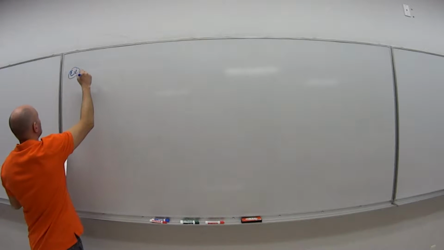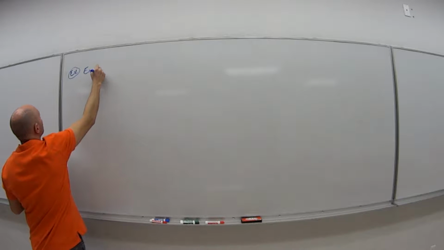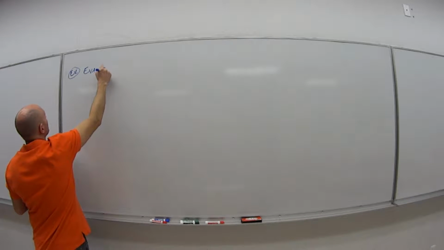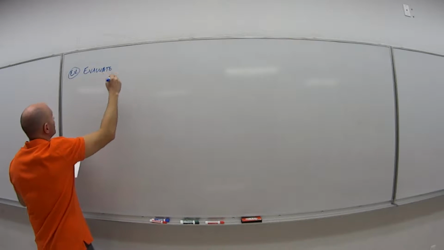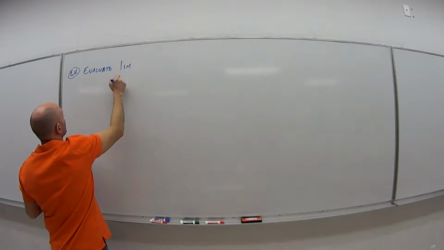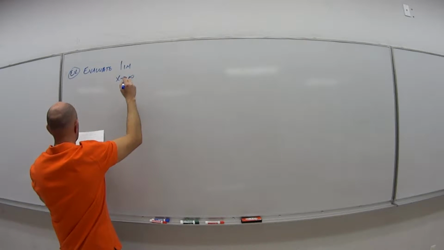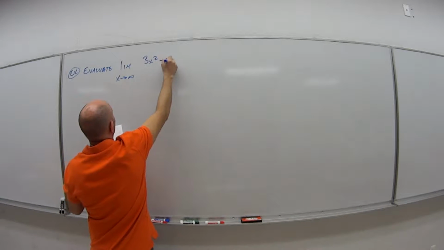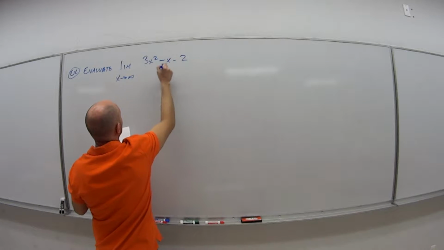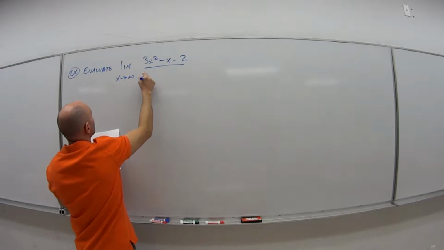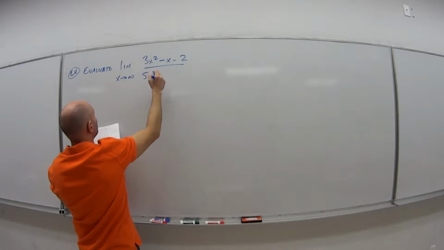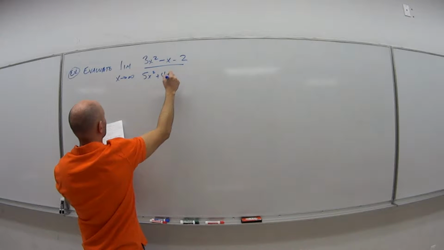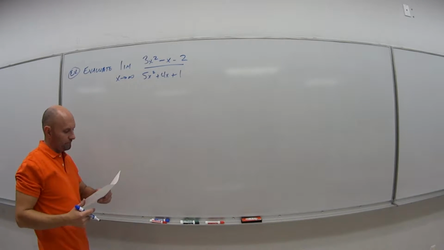So the first one, we want to evaluate the limit as x approaches infinity of 3x squared minus x minus 2 all over 5x squared plus 4x plus 1.